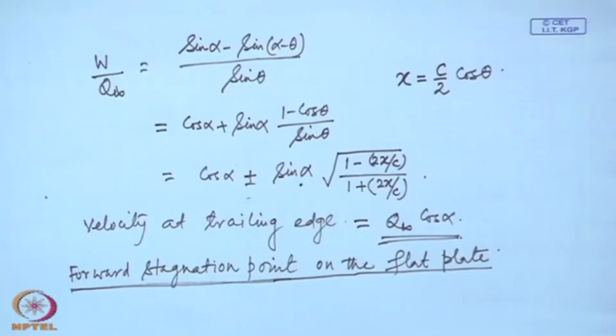Minus 2 r cos alpha. But W should come 0 if it is a stagnation point. So it is not at theta equal to pi plus alpha, but where is it?